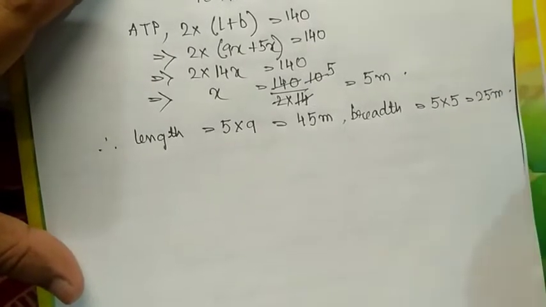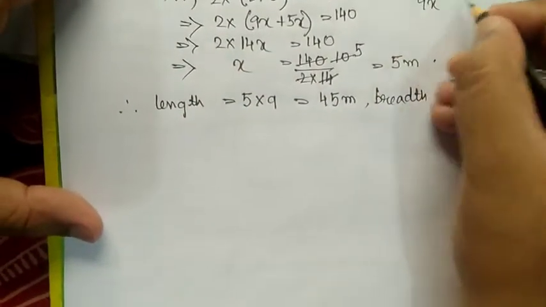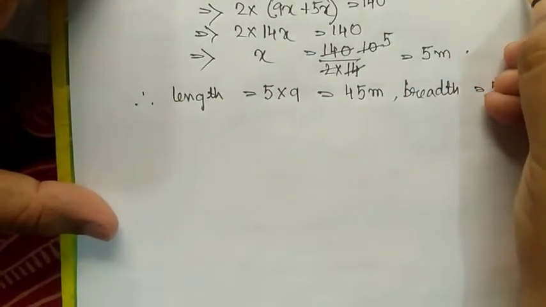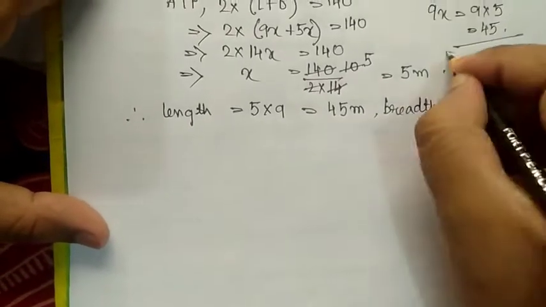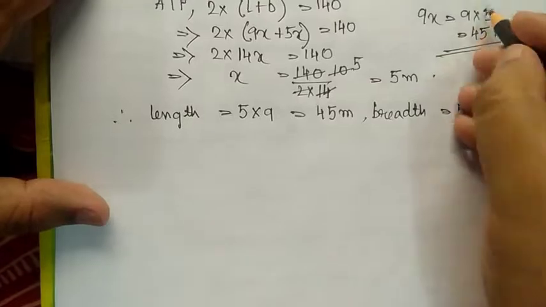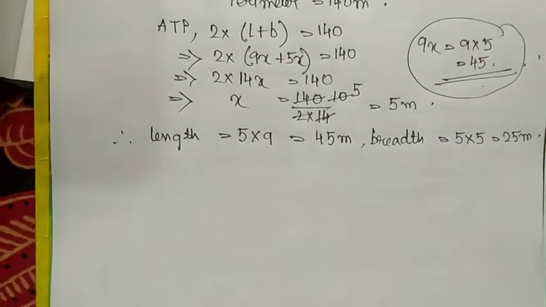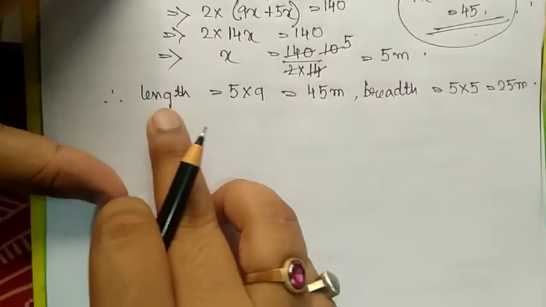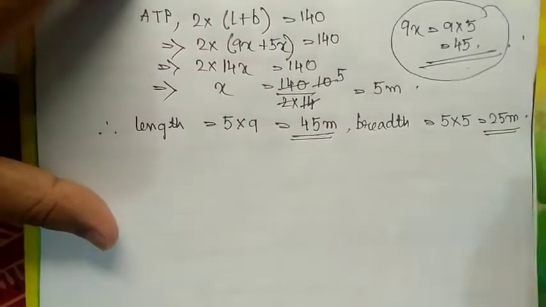One more thing, if anyone wants to write that 9x equal to 9 into 5, this is also right. You can write in this formation also. So therefore we find that length is 45 meter and the breadth is 25 meter.